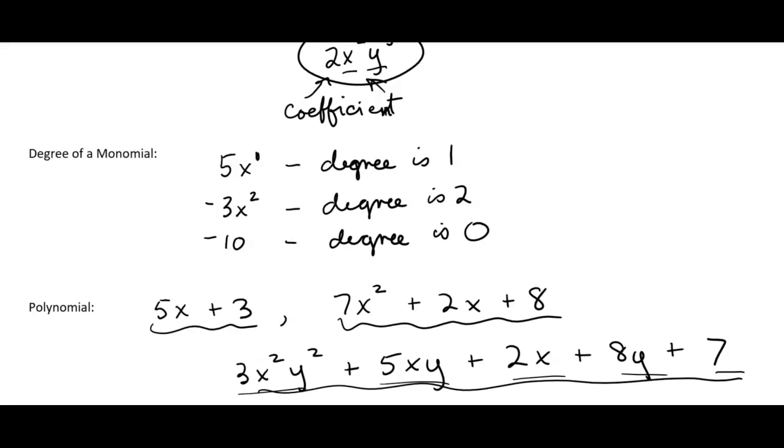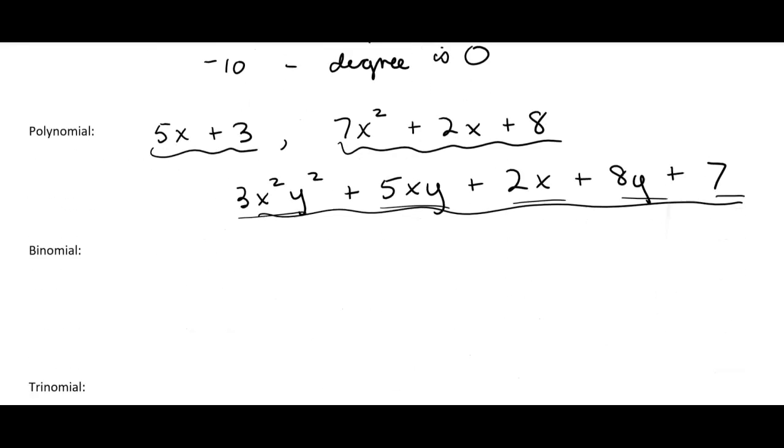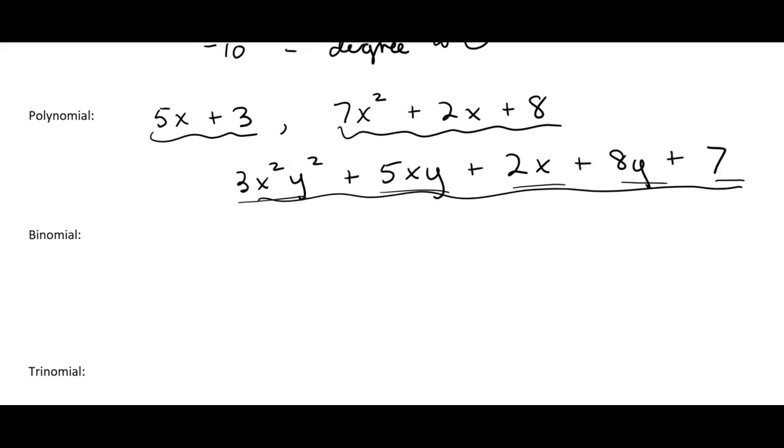It's specifically a monomial. Okay, a binomial is a polynomial that has 2 terms. Bi meaning 2. So you could have 3x minus 7. That would be considered a binomial.